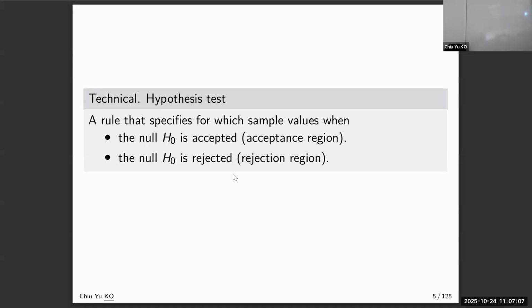If you were at the crime scene, you held the weapon, and there's a video record, it's evident that you reject his innocence. So that is the idea: we specify the sample values for which we reject.